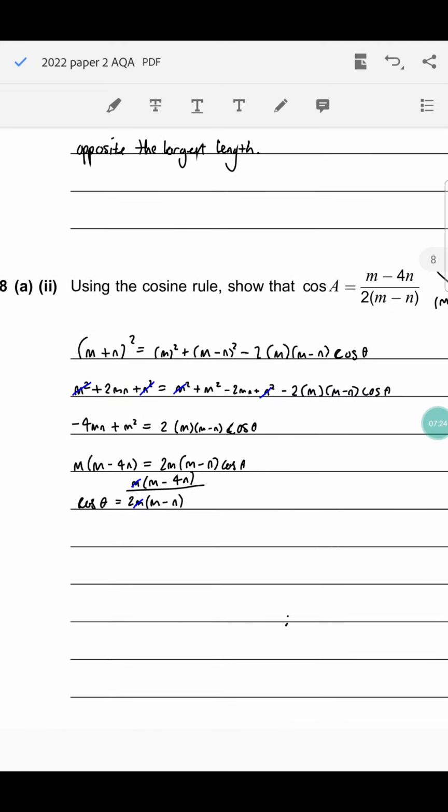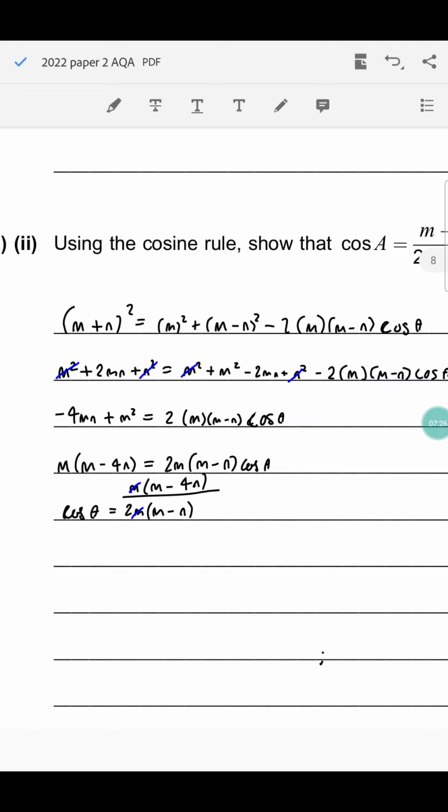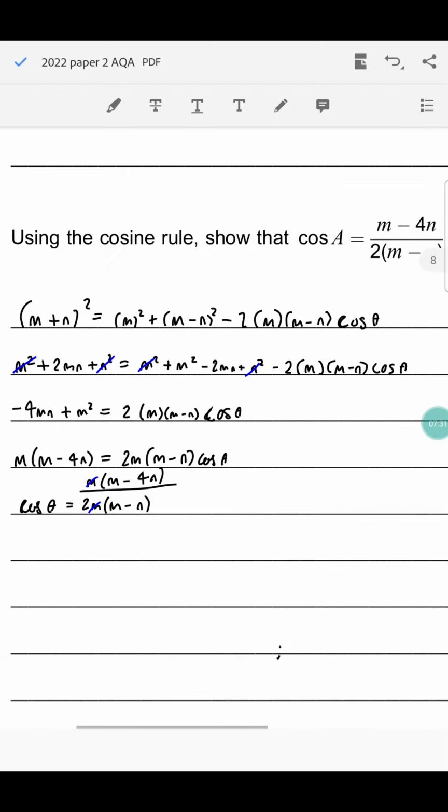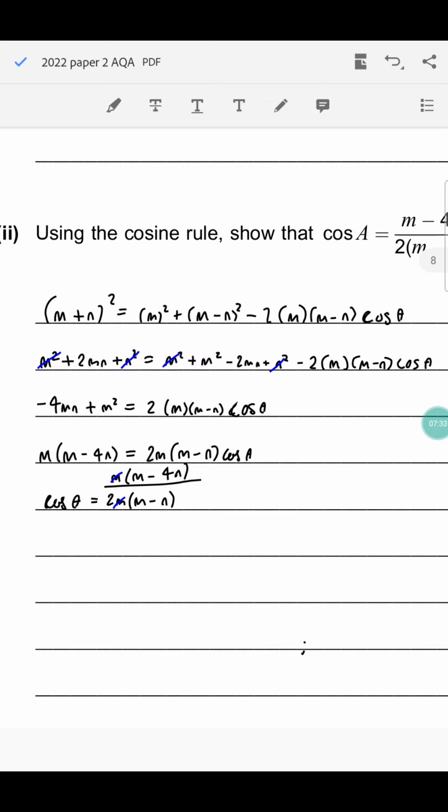So if we apply that, we just use the cosine rule. I drew the triangle here, so we just use the formula. This would simplify to minus 4mn plus m squared over 2 bracket m minus n. But in this case, it's cos of A, so it wouldn't be cos of theta.